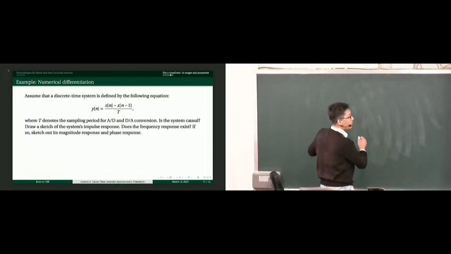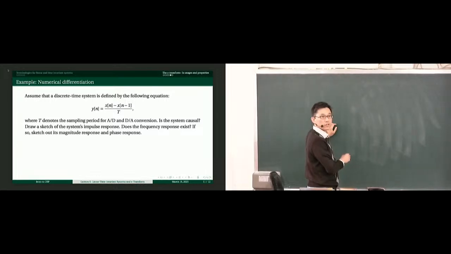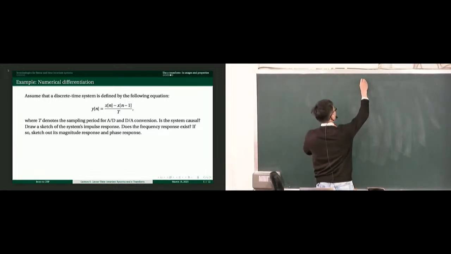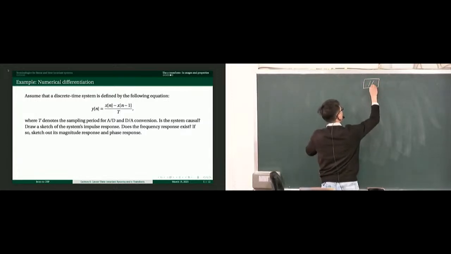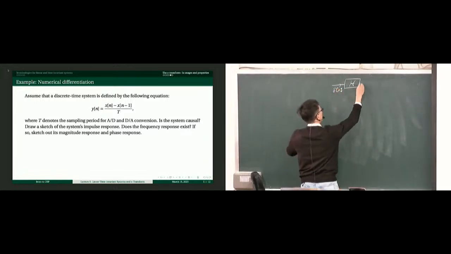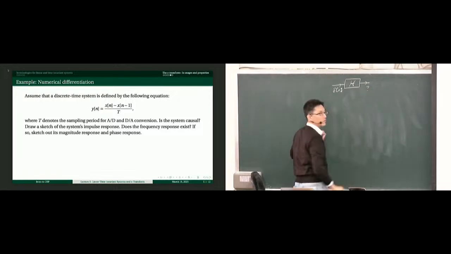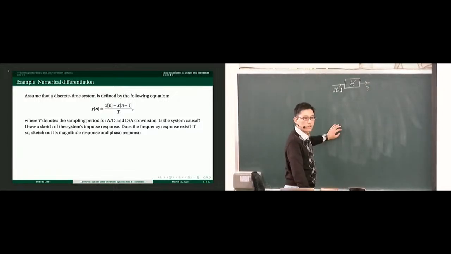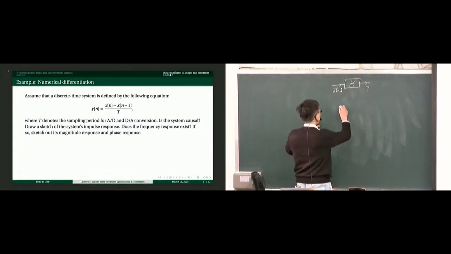The first thing is let's try to derive the impulse response. If this is h, and it receives the input delta[n], what is the output? That's the question.